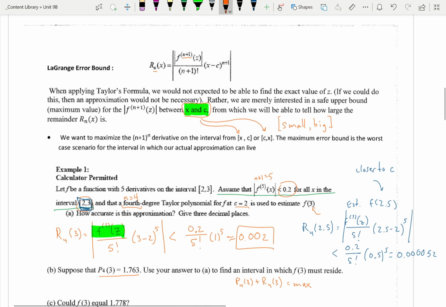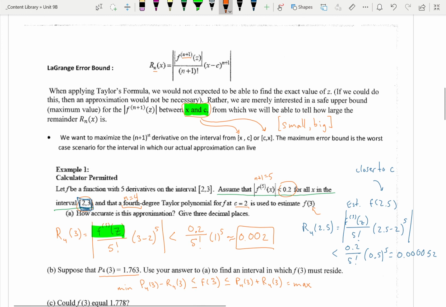And we can do the same thing on the other side: P sub 4 of 3 minus the maximum possible error is going to give us the lower bound, okay? And f of 3 is somewhere in the middle, so it's definitely smaller than or possibly equal to that, and greater than or possibly equal to that.